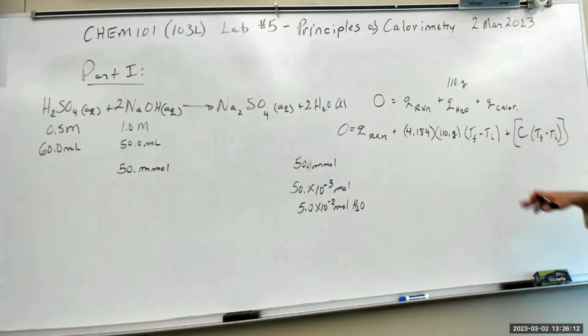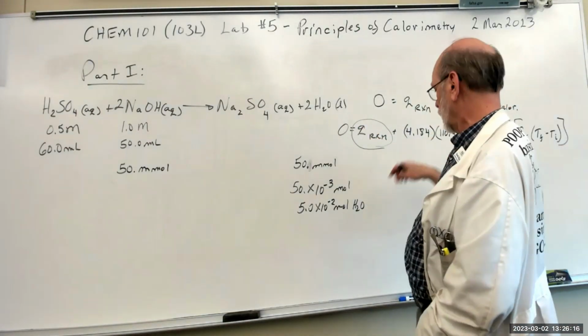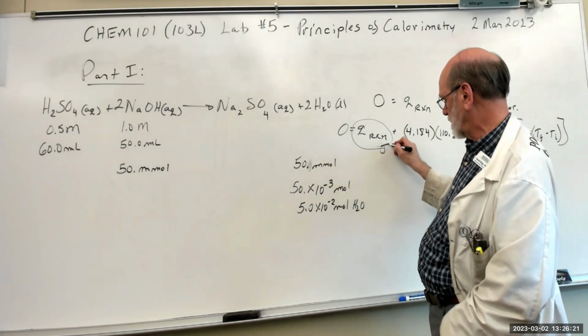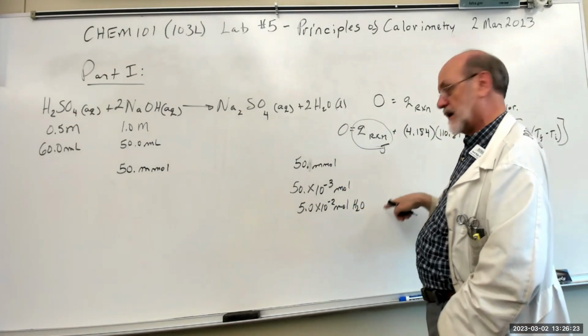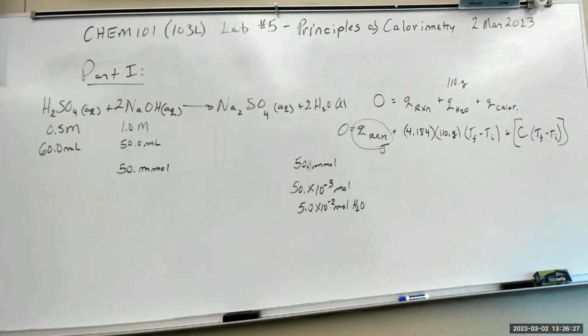All right. So once you find out what this Q of reaction is, and you know how many moles, you divide this one, joules, by that one, moles, and you get a value. That's the enthalpy of the reaction.